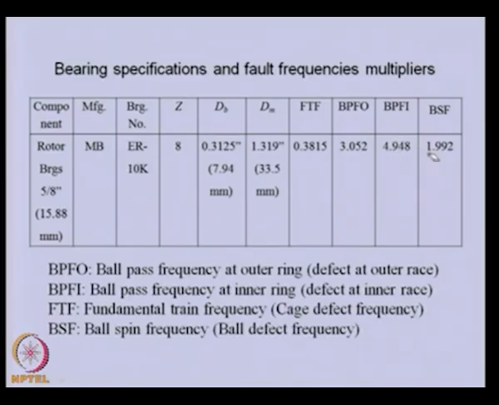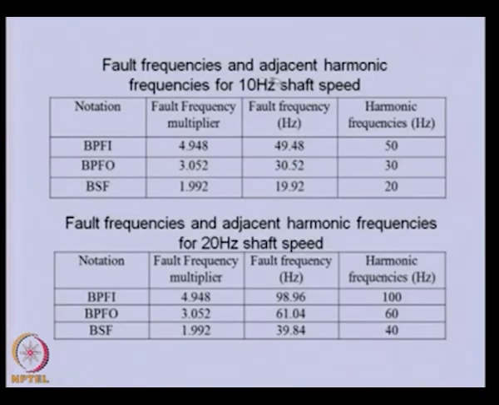If we multiply by the speed of the rotor, we will get what frequency will be coming because of these faults. So, at 10 hertz, if we are operating the rotor, we can see different kinds of faults. These are the factors. So, we will be having frequencies like this corresponding to the various faults, inner raceway, outer raceway, like that.